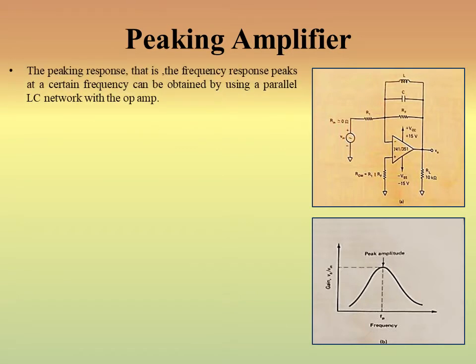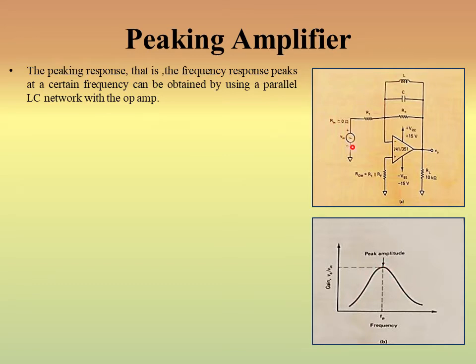So the peaking response, that is the frequency response, peaks at a certain frequency. Peaks at a certain frequency means it is maximum at a certain frequency, and the amplifier that produces such a peak is known as a peaking amplifier.